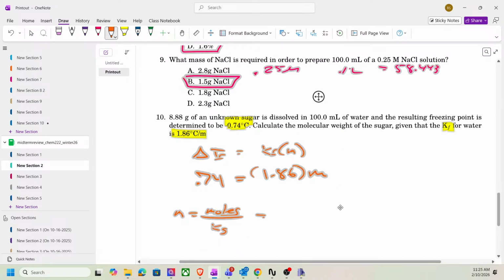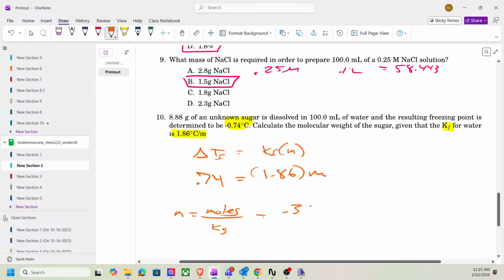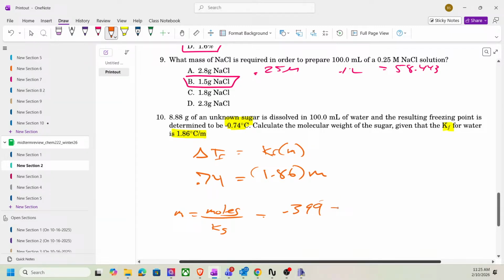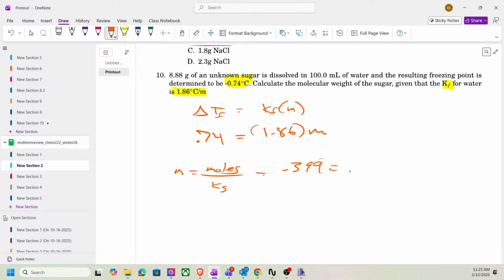So 0.398 is equal to, and now I want to figure out how many moles are in. So we had 100 milliliters, which is 100 grams, right? So 0.1 kilogram.